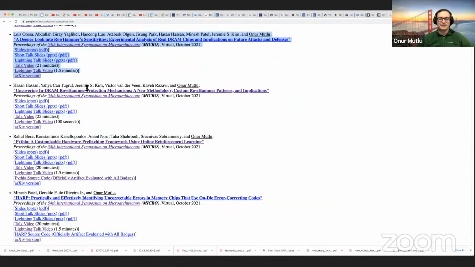And then there's this other paper that builds on TRRespass: Uncovering In-DRAM RowHammer Protection Mechanisms, a new methodology, custom RowHammer patterns and implications, which basically develops a more rigorous methodology to reverse engineer the TRR mechanisms that are inside the DRAM chips.